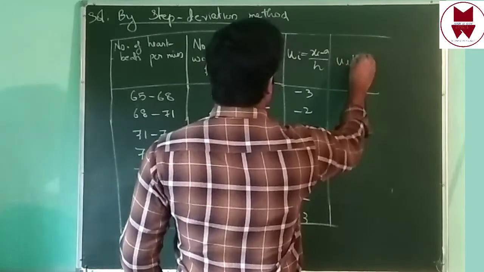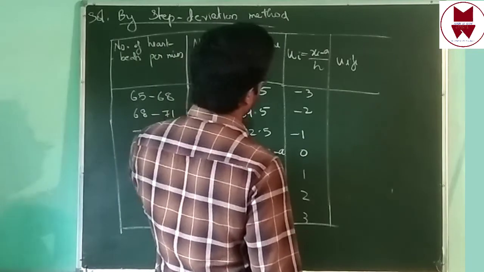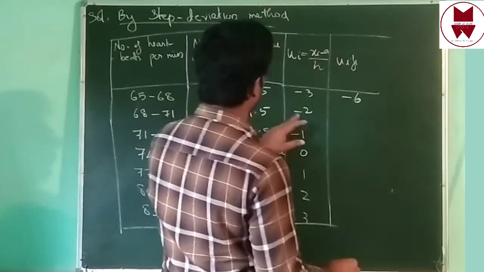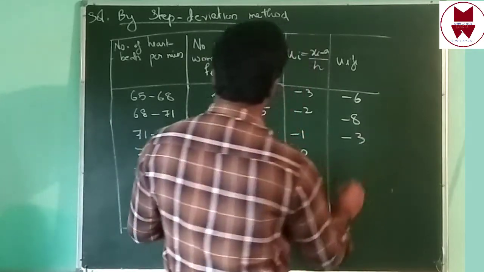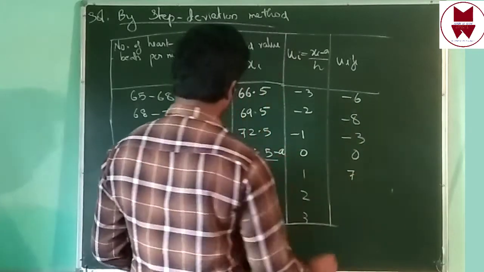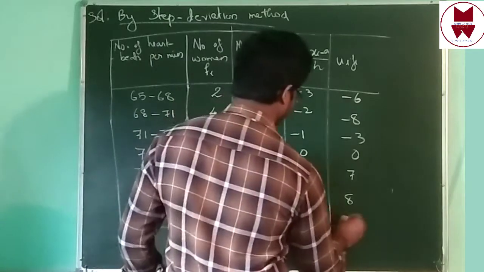Now multiply fi and ui. 2 into minus 3, minus 6, 4 into minus 2, minus 8, 3 into minus 1, minus 3, 8 into 0, 0, 7 into 1, 7, 4 into 2, 8, 2 into 3, 6.